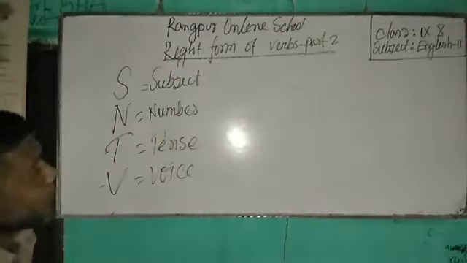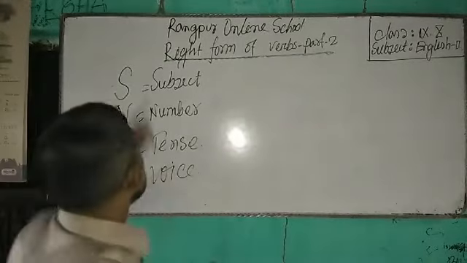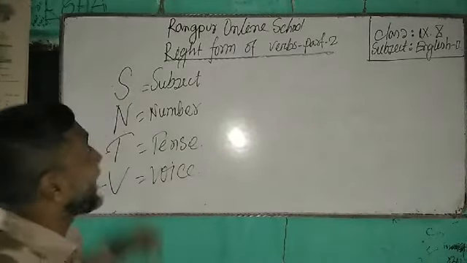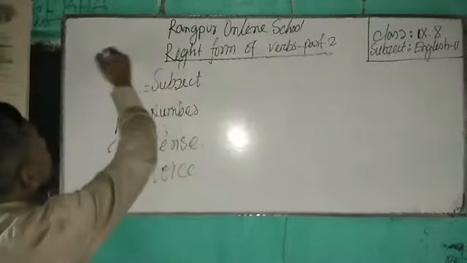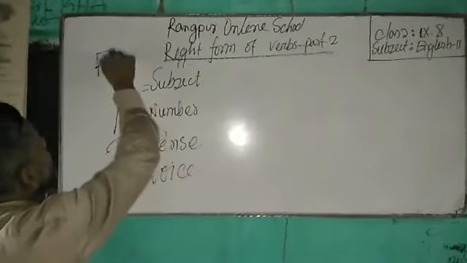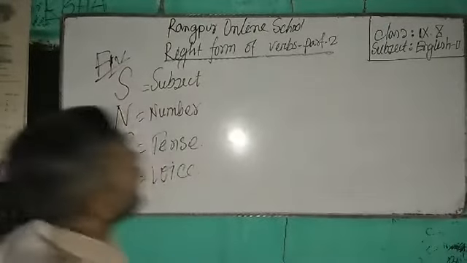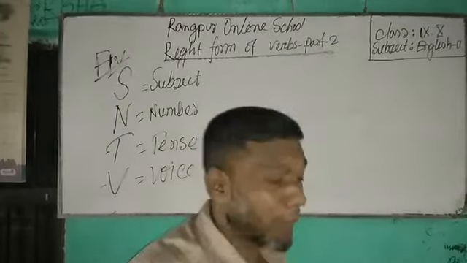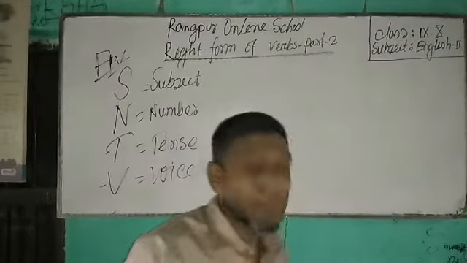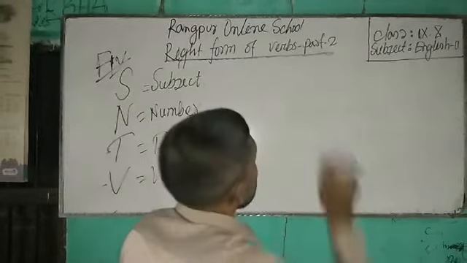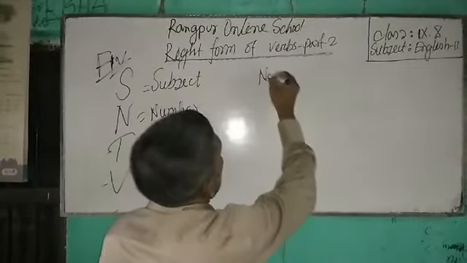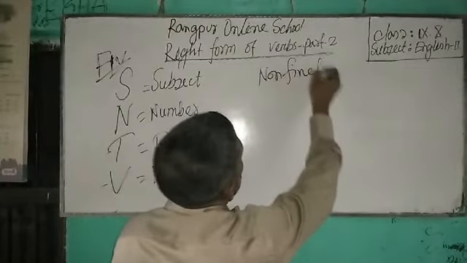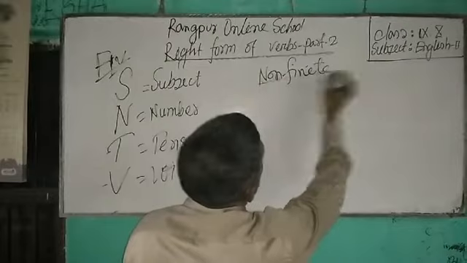So dear students, now these 4 symbols are for the finite verb. This is for finite verb. And what are the symbols of non-finite verb? You know, non-finite verbs have only 3 criteria. This is non-finite verb.